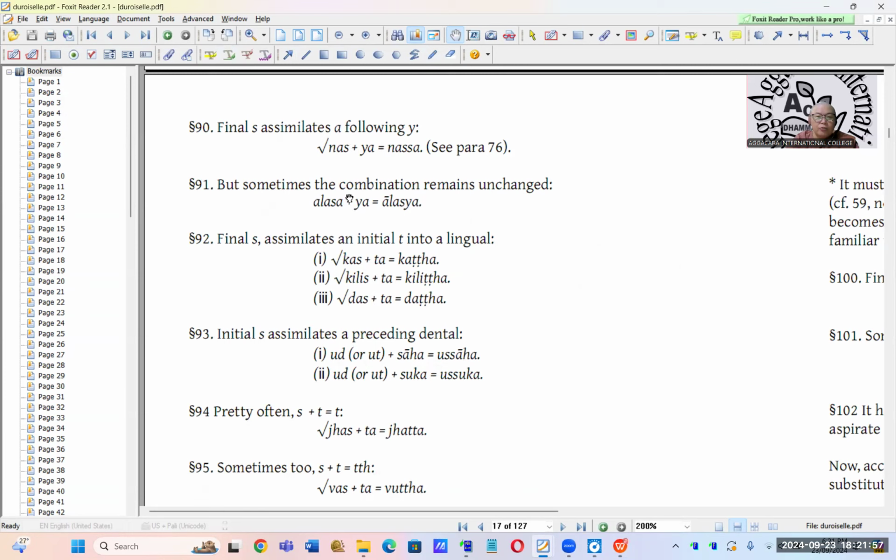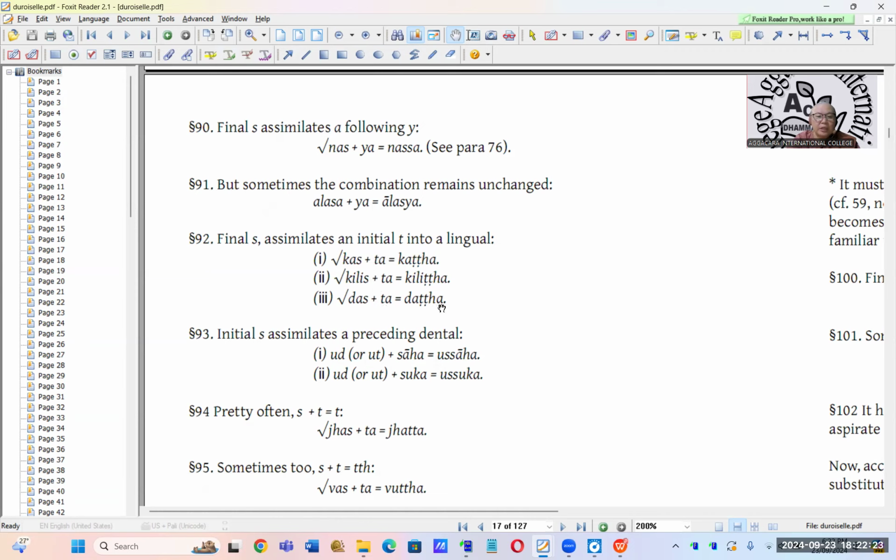From this example, we notice that when S comes to T, I will take S as something like the R sound. It is actually not as strong, because when you say S, it is kind of a hissing sound. When it comes to ta, ta is actually stronger. So that's why the S must be assimilated to the T. So S and T become TTH.